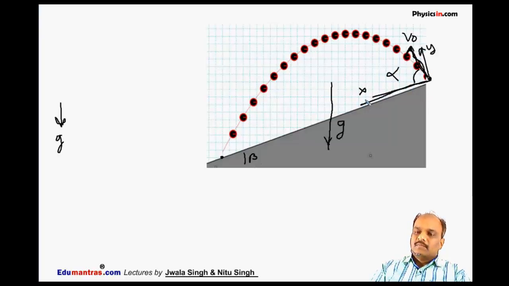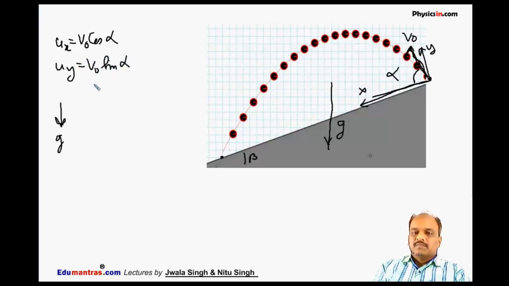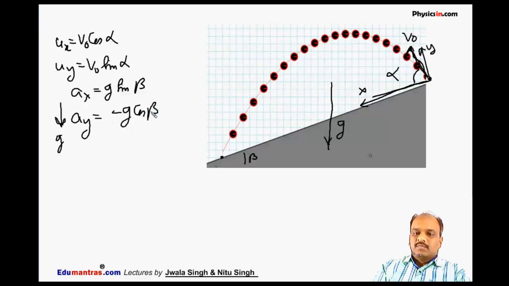So in this situation ux is v0 cos alpha, uy is v0 sin alpha, ax is g sin beta, and ay is minus g cos beta.